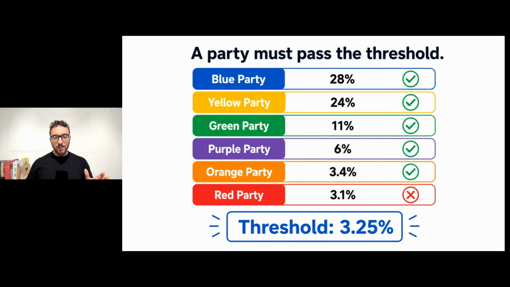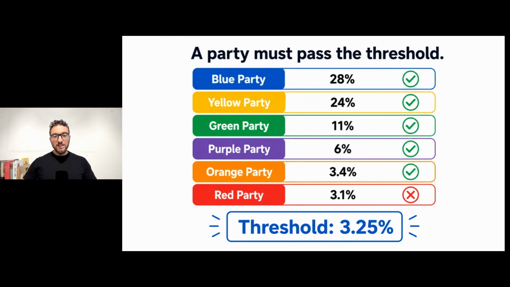So as we see in the example here, the Orange Party got 3.4% of the vote, so they're going to get in and get approximately 4 seats. The Red Party, on the other hand, got only 3.1% of the vote, so below the threshold. Now, that would be equivalent to 3 seats, but they're going to get 0.